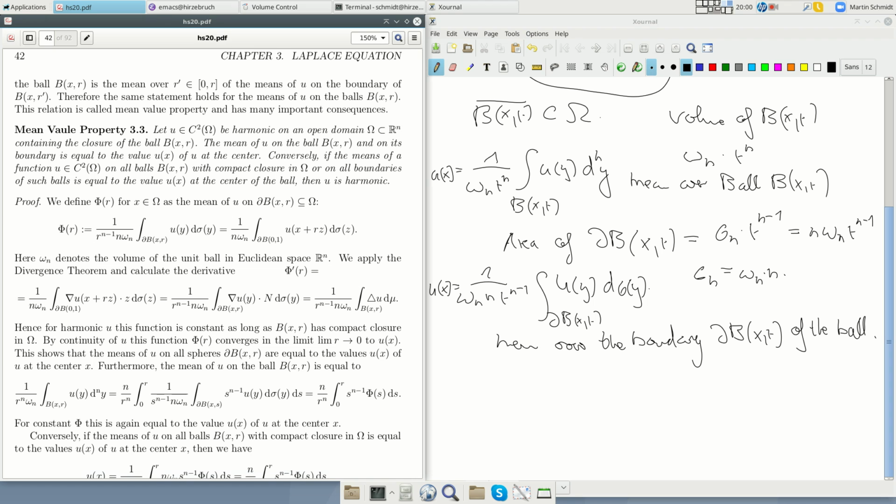So we have a characterization of harmonic functions by two properties.